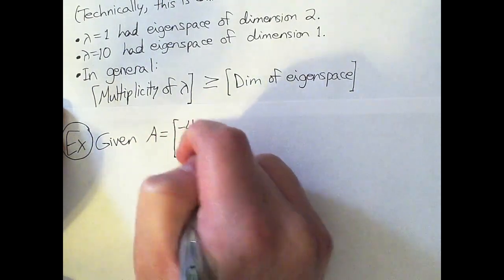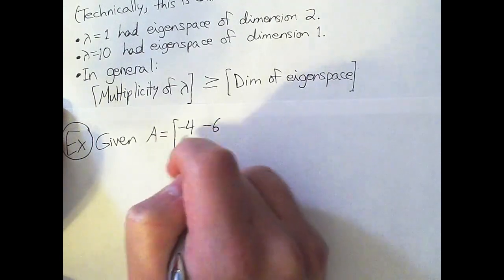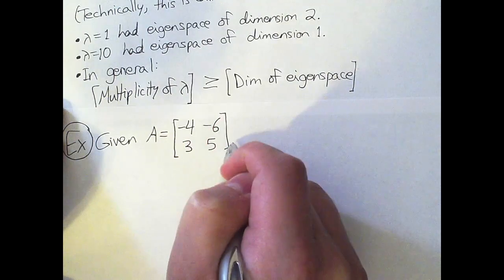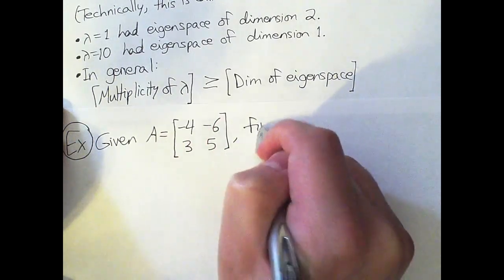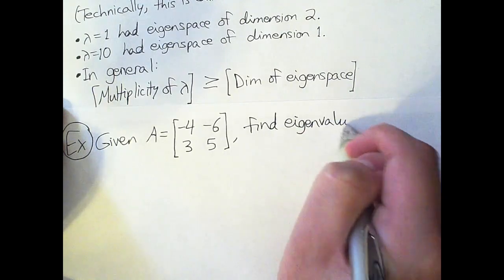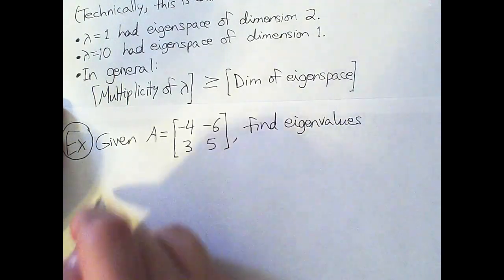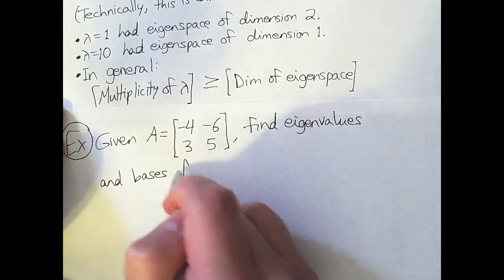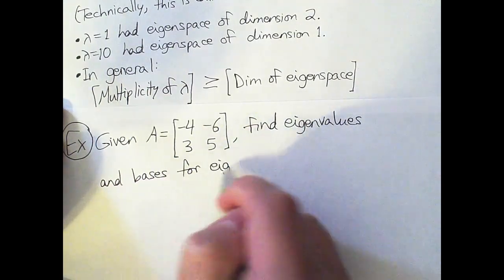So here's a 2x2 matrix. And this is an important kind of problem. I'm going to say find eigenvalues and bases for eigenspaces.